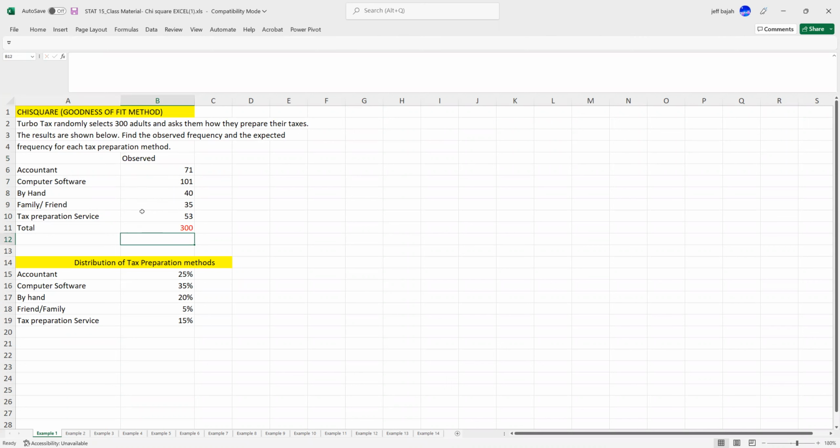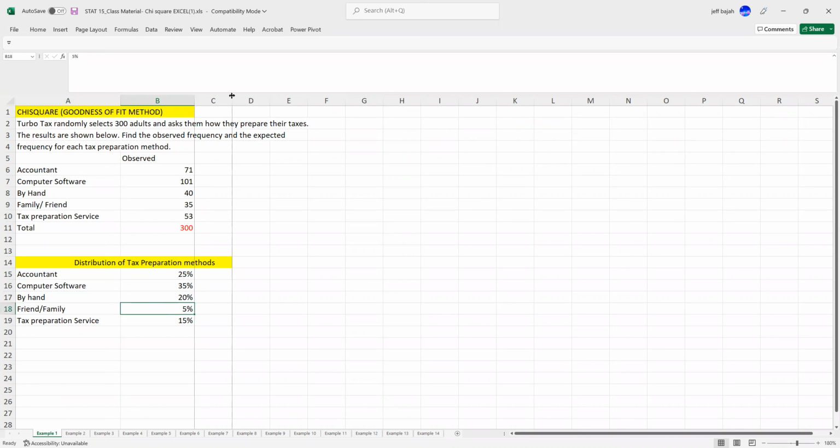Now, remember, in expected frequency, what it's telling us is that if you ask 300 people, 25% of them will say they use an accountant, 35% of them will say they use computer software, and so on and so forth.